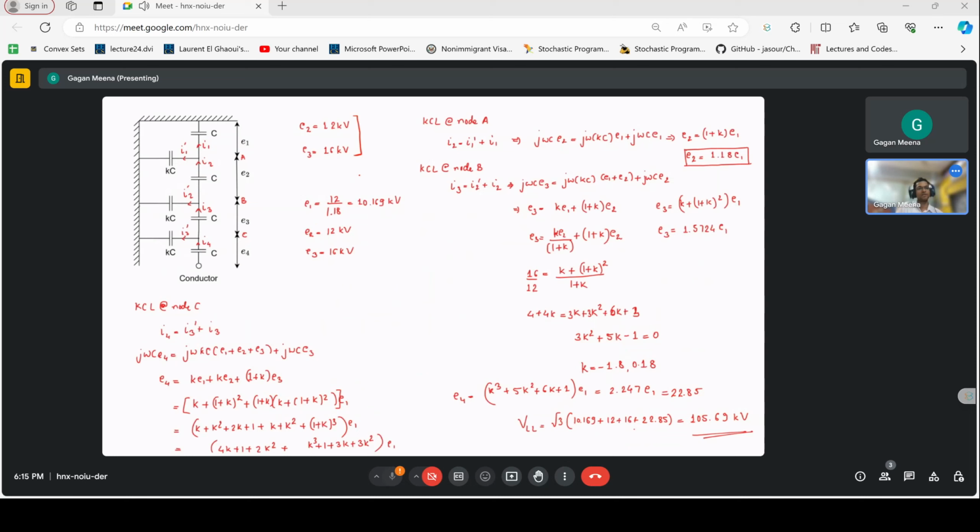For A and B we have already written. So you will get E2 as (K plus 1) E1 and E3 as (K square plus 3K plus 1) E1.